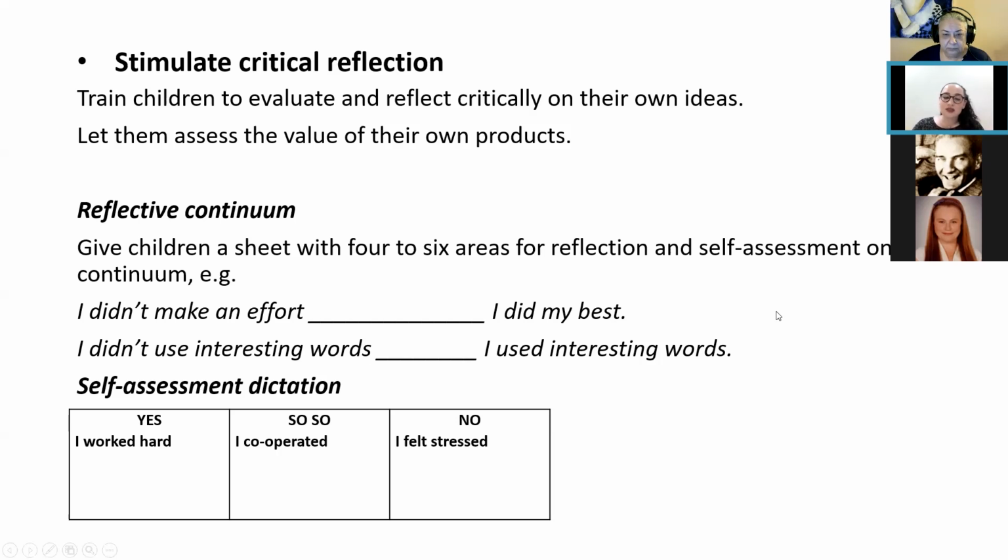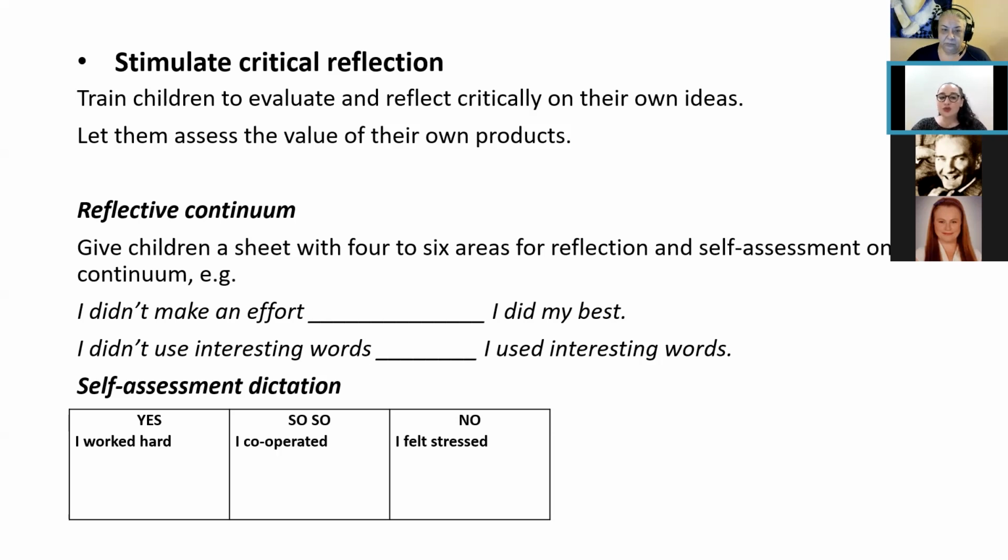I didn't use interesting words, I used interesting words. So your learners reflect on the work they have produced and mark where they think they are on the continuum for each area.